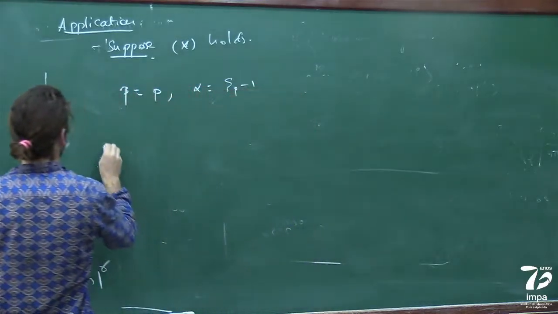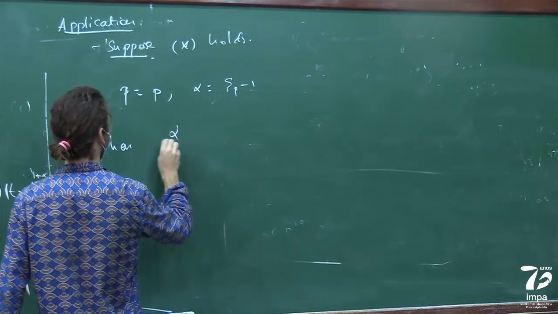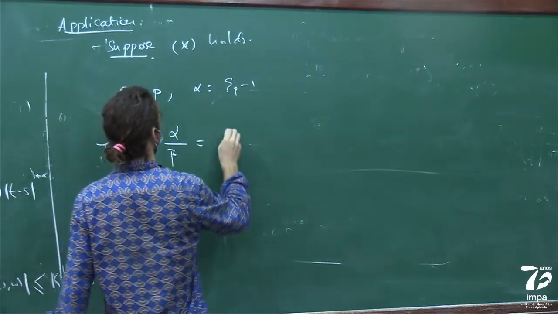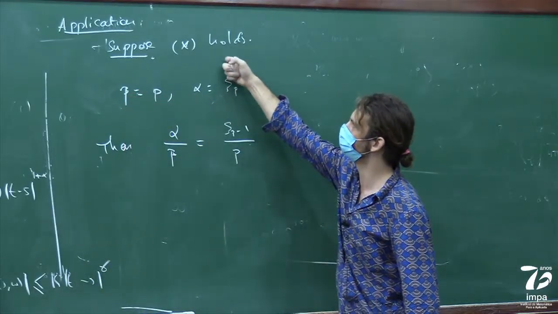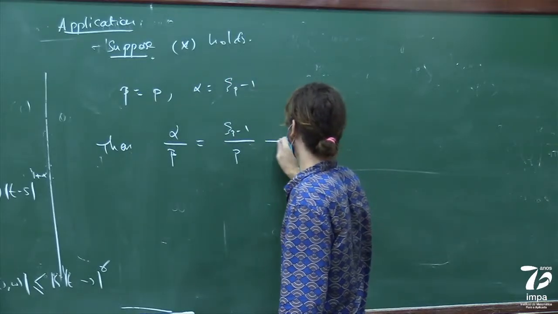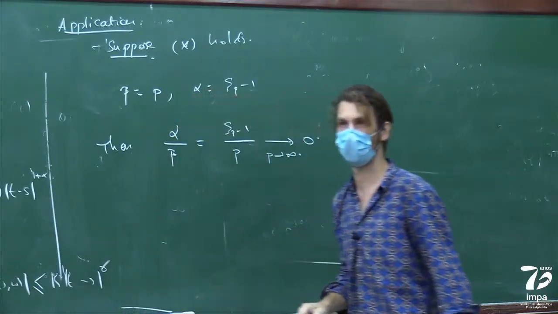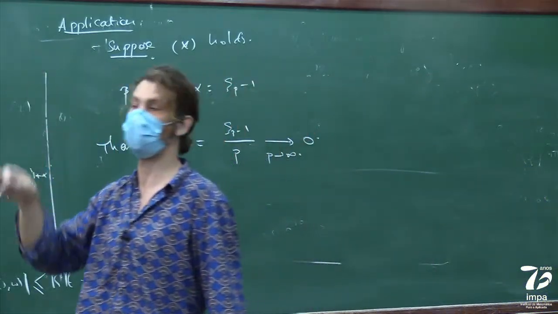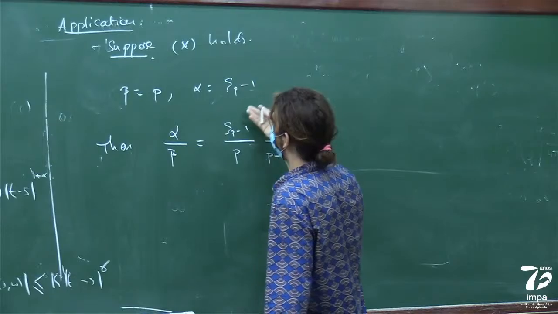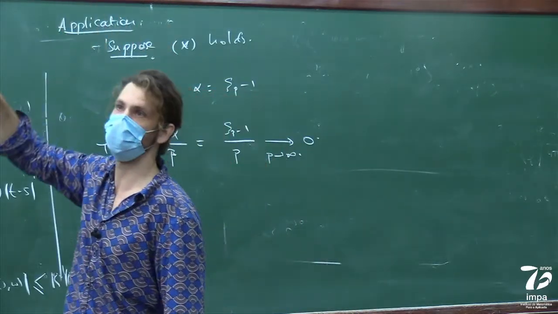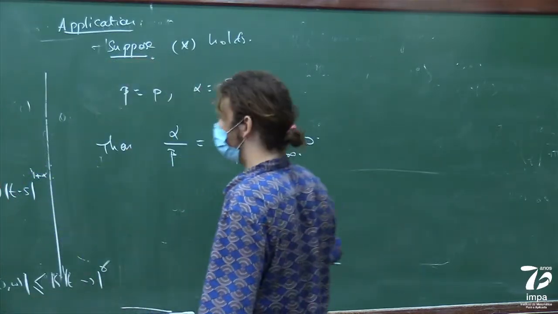Then alpha over beta is equal to (zeta_p minus 1) over p. And if zeta_p goes to a constant, this goes to 0 as p goes to infinity. Another situation would be that zeta_p does not converge toward a constant, but just grows slower than something linear. The same conclusion would hold true.